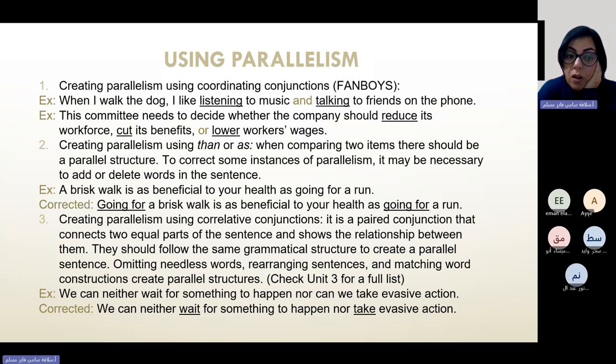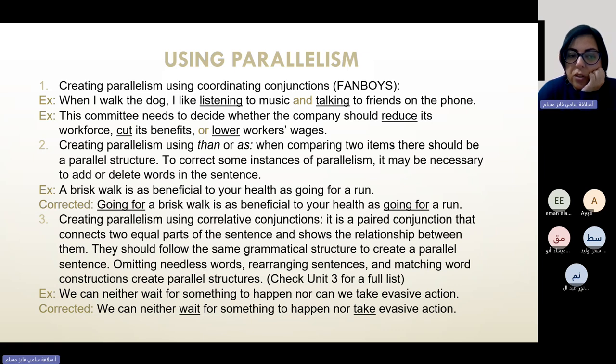Okay, what is the correction, Aisha? Going for a brisk walk is as beneficial to your health as going for a run. So what did we do for parallelism? Going and going. Okay, we made them the same weight.